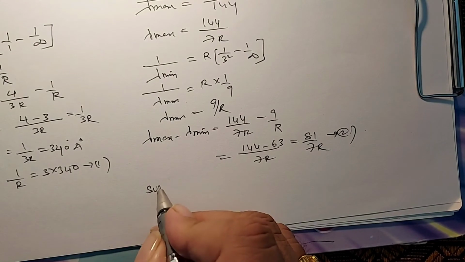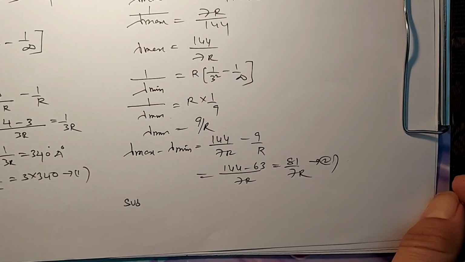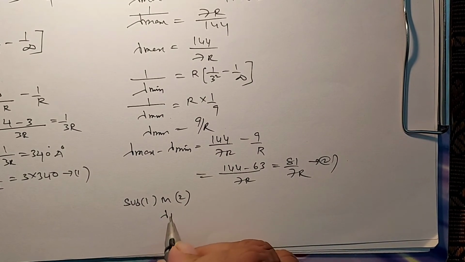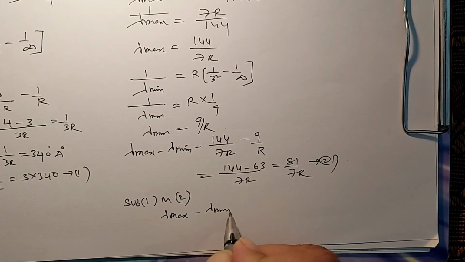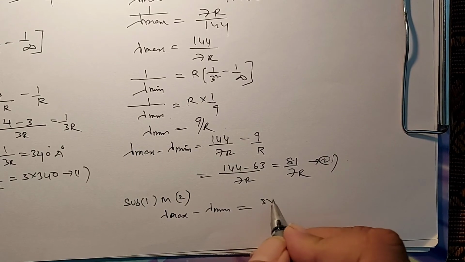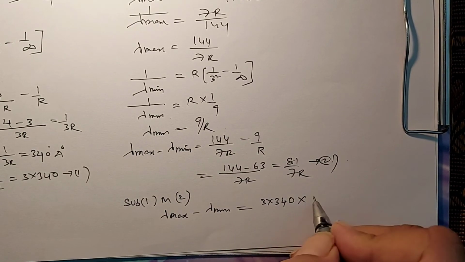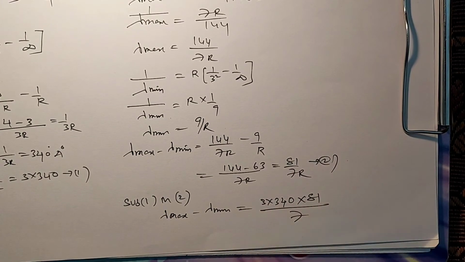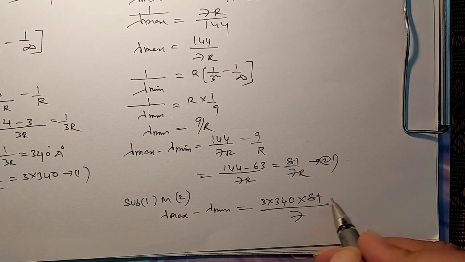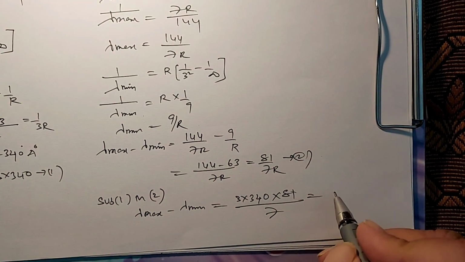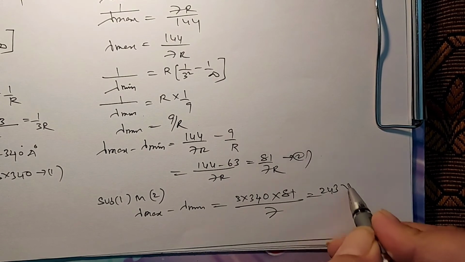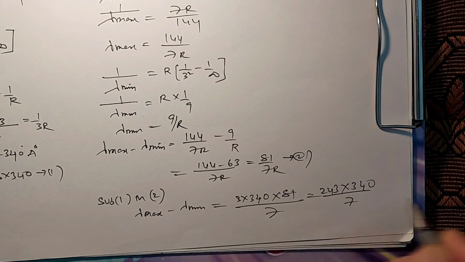Now substituting 1 in 2, lambda maximum minus lambda minimum is equal to 3 into 340 into 81 by 7. 81 into 3 is 243, so 243 into 340 divided by 7.